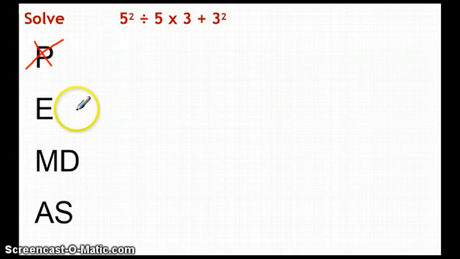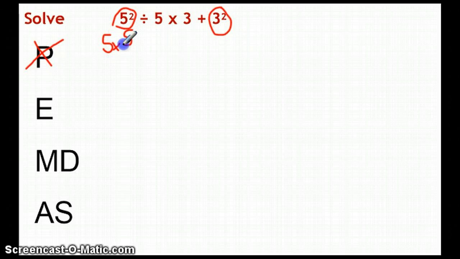The next thing that we have to do is look at the exponents, which we have here and we have here. 5 squared, remember, is the base times itself, and here 3 squared is the base times itself.